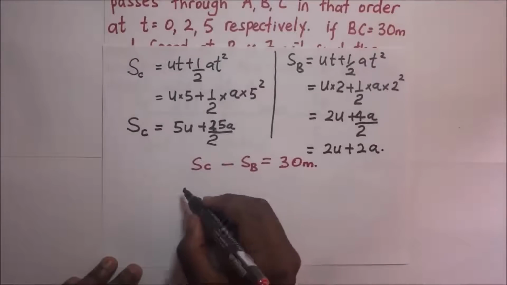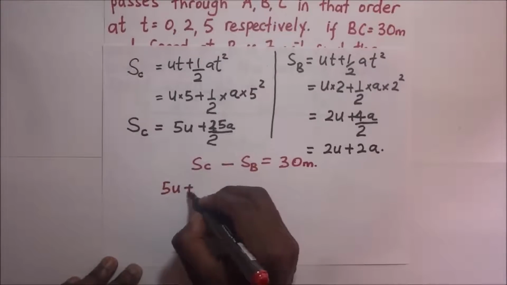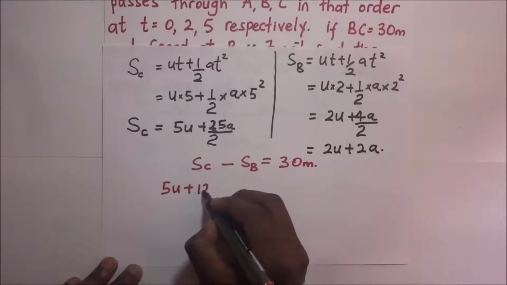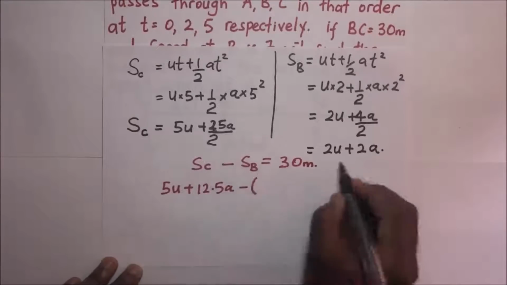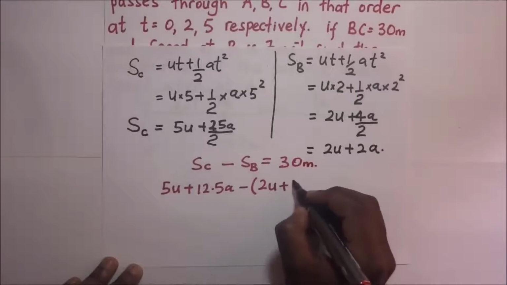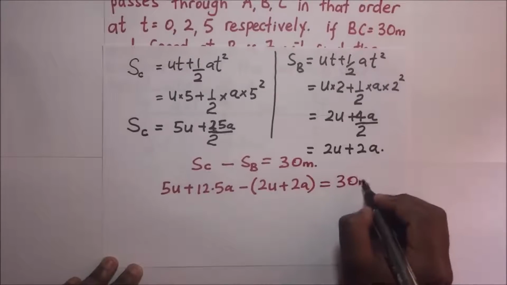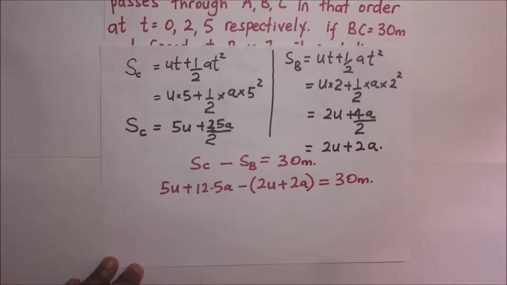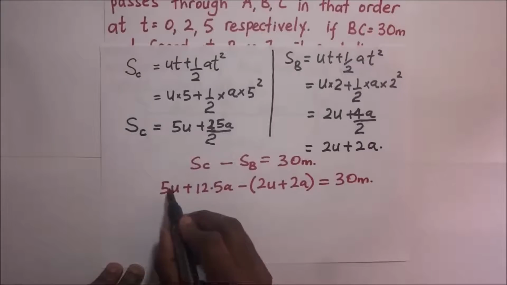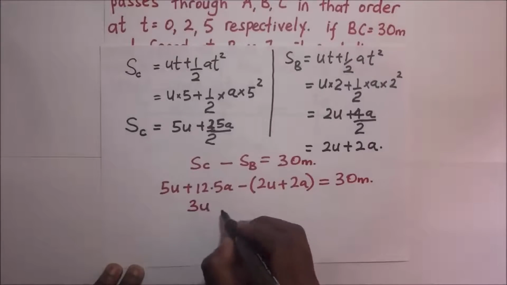SC is 5U plus 25 over 2, which is 12.5A, minus SB, which is 2U plus 2A, giving us 30 meters. And so we get an expression in U and A. This becomes 5U minus 2U, which is 3U.